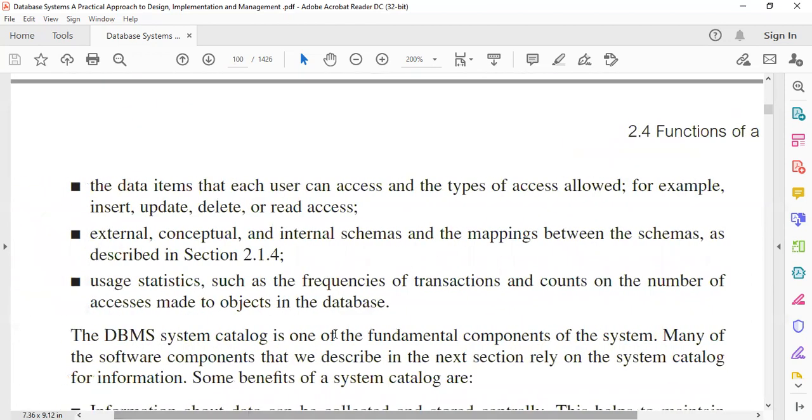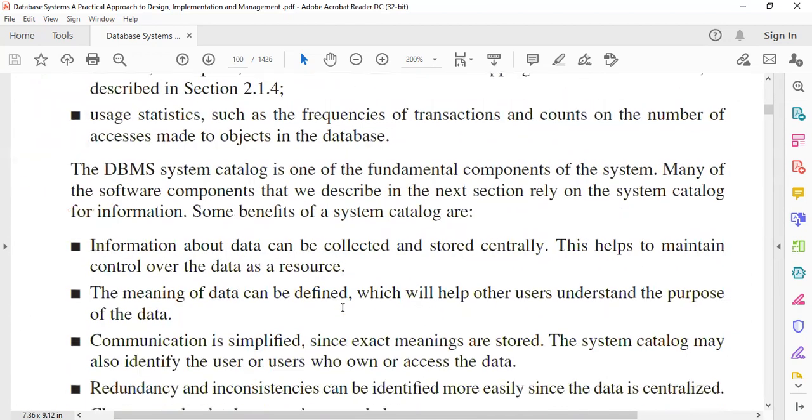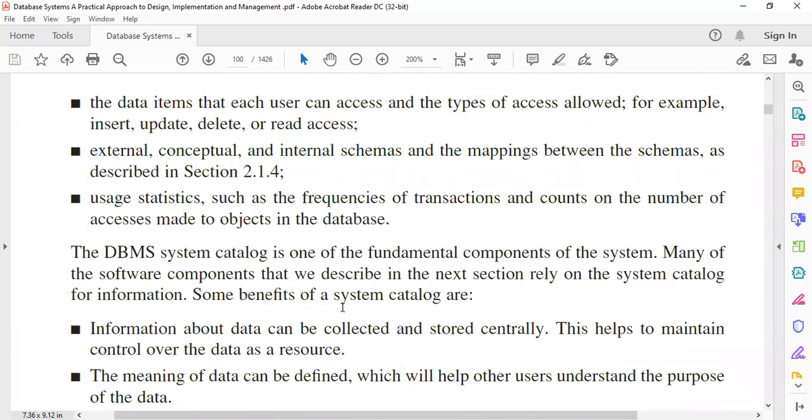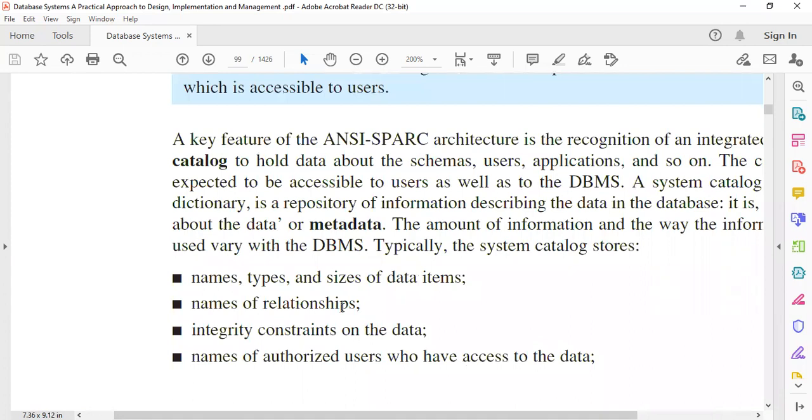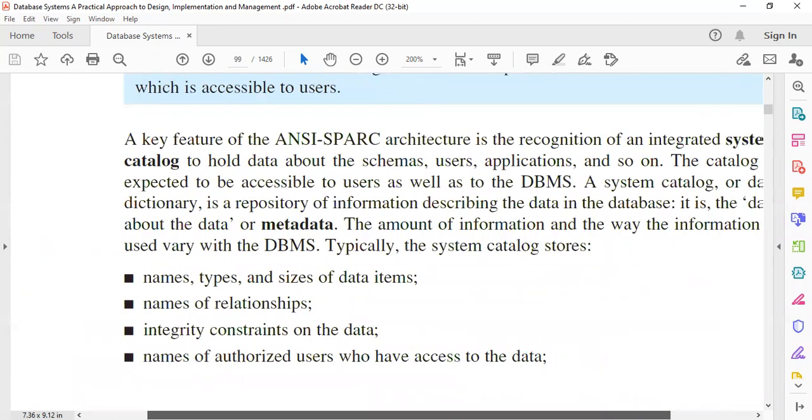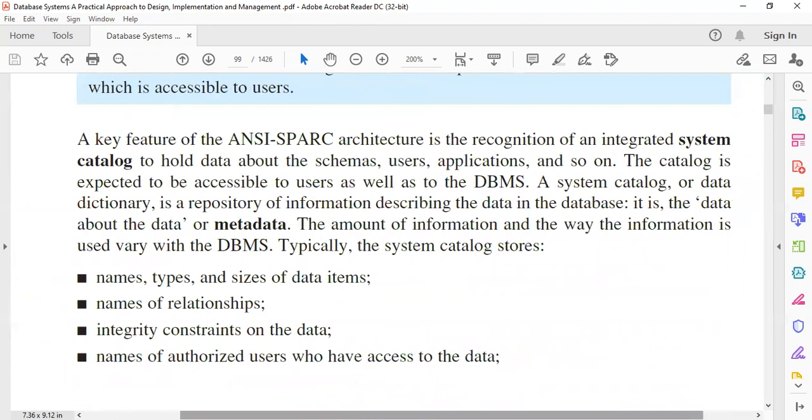Maybe before I get to function number 3, we may list some of the information that is stored in the system catalog. It is very important that this system catalog, or the metadata, may include the names, the types, and the sizes of the various data items.